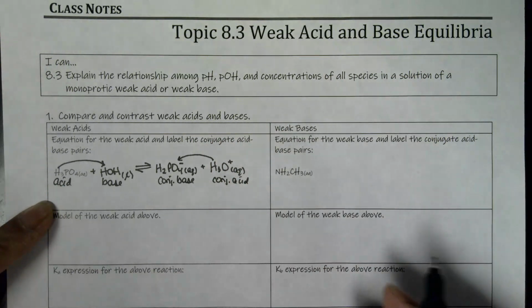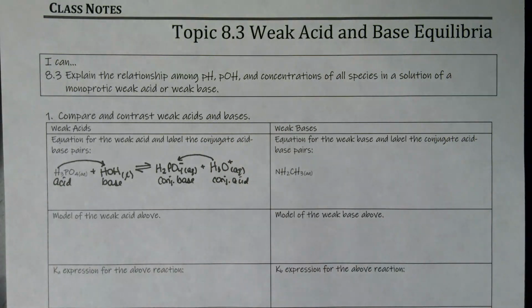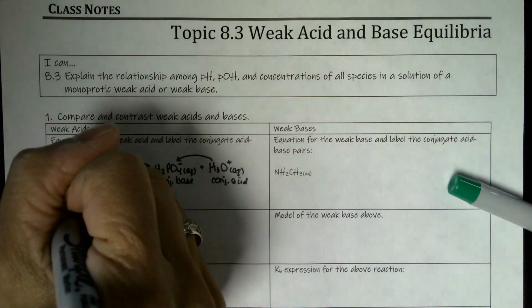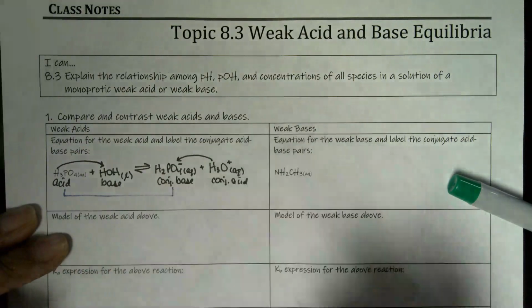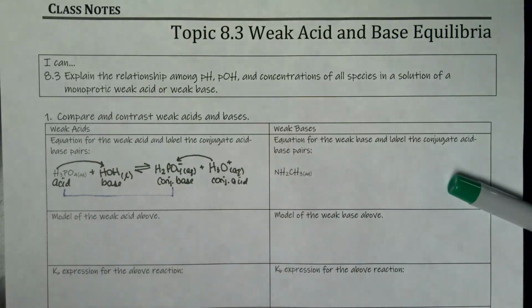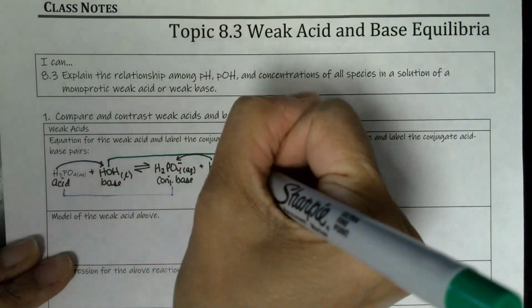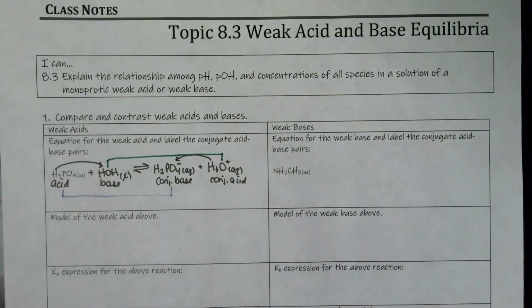So when we're talking about the acid-base pairs, let's grab a pen, sorry. We have this H3PO4 and the H2PO4 minus are a conjugate acid-base pair. And the water and hydronium ion are a conjugate acid-base pair as well.